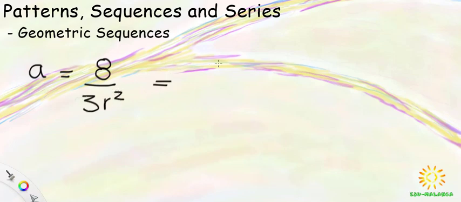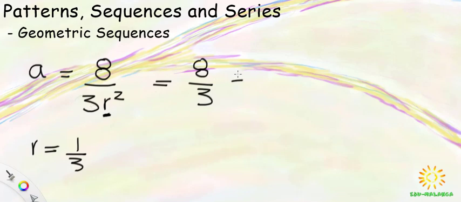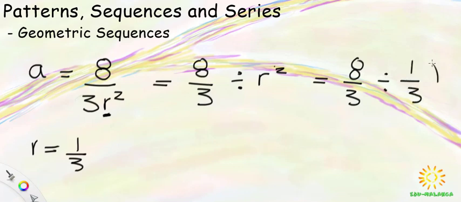When we say r is equal to 1 over 3, it'll be 8 over 3. What we can see is that r squared actually divides 8 over 3. So if we say divided by r squared, that'll be equal to 8 over 3 divided by 1 over 3 squared.